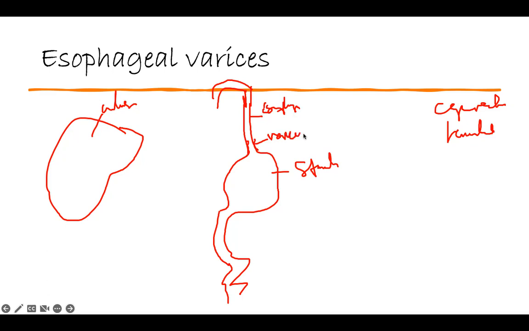They are varicose veins. You don't need to use the words varicose veins, but we call them varices. And they can bleed and you can die from it. So people with cirrhosis have varices. And the number one place is the esophageal varices.